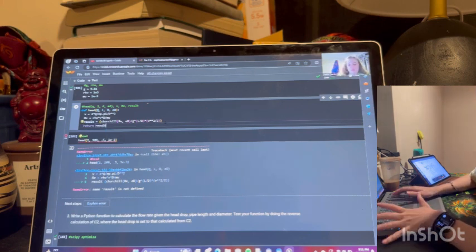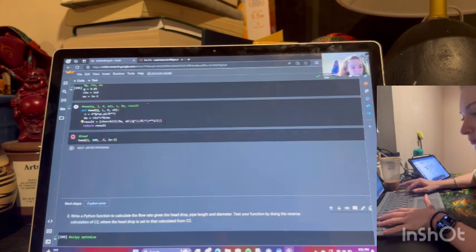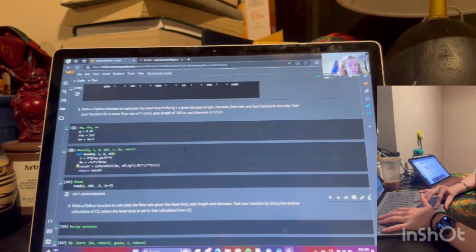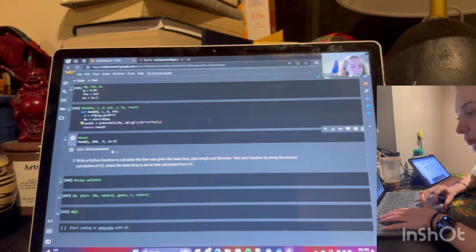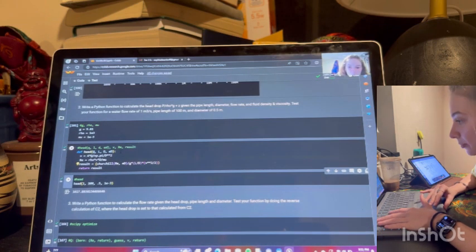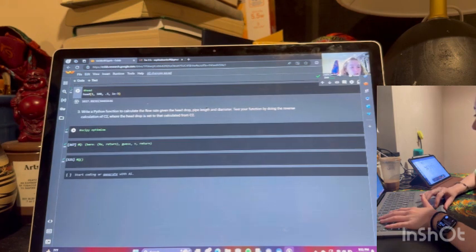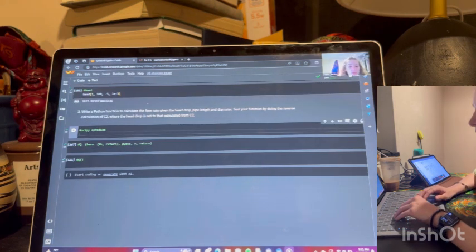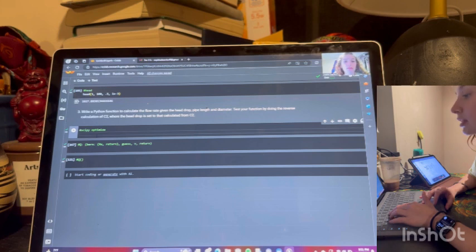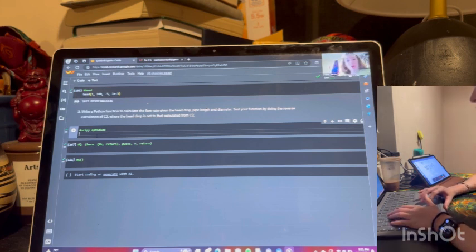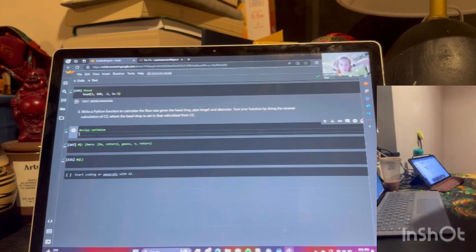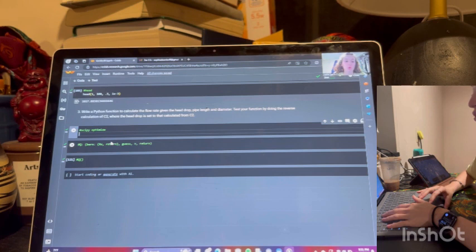Okay. All right, so that is what we consider our head drop for part 2. And then writing a Python function to calculate the flow rate given the head drop, pipe length, and diameter. Test your function by doing the reverse calculation of C2, where the head drop is set to that calculated from C2.